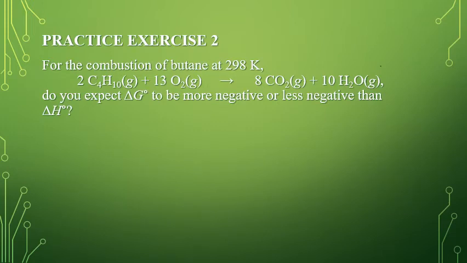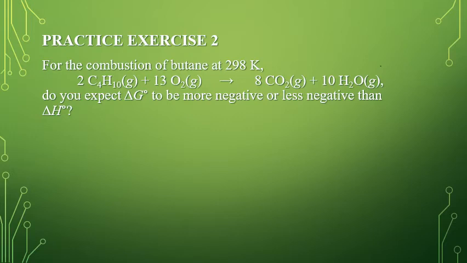All right, so we have one more practice problem kind of dealing with the same type of scenario. So you can see here for the combustion of butane at 298 Kelvin, we have the reaction 2C4H10 plus 13O2 forms 8CO2 and 10H2O. So do you expect delta G to be more or less negative than delta H?